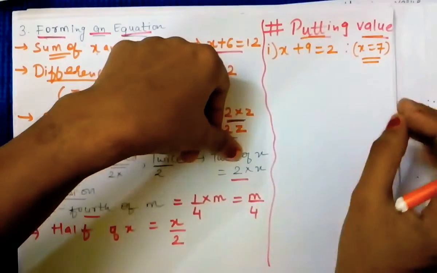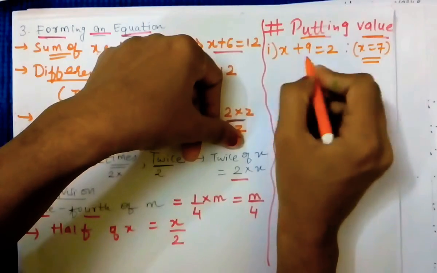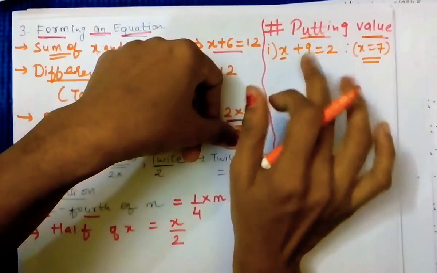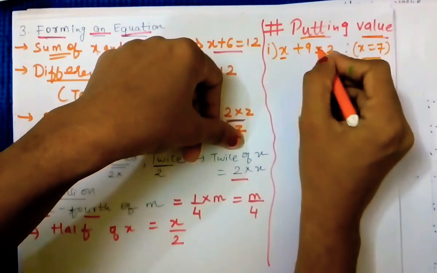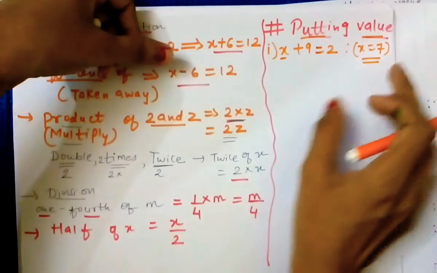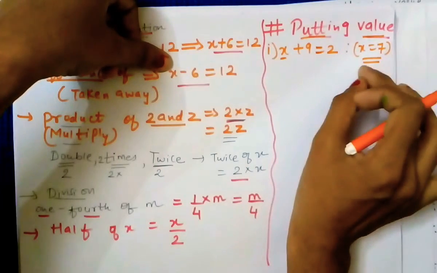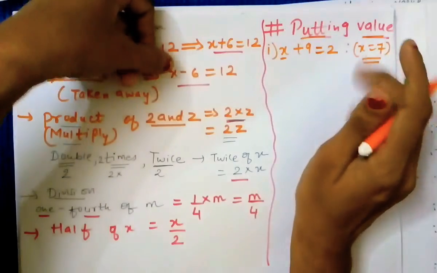This value we will keep here. Where is our variable? The variable is here in the LHS part. So in LHS we will put the value and we should get 2, because the equal to sign is given. The LHS part is always equal to the RHS part. So we put this value, and if we get 2, then this is the correct value. Otherwise this is not the correct value.